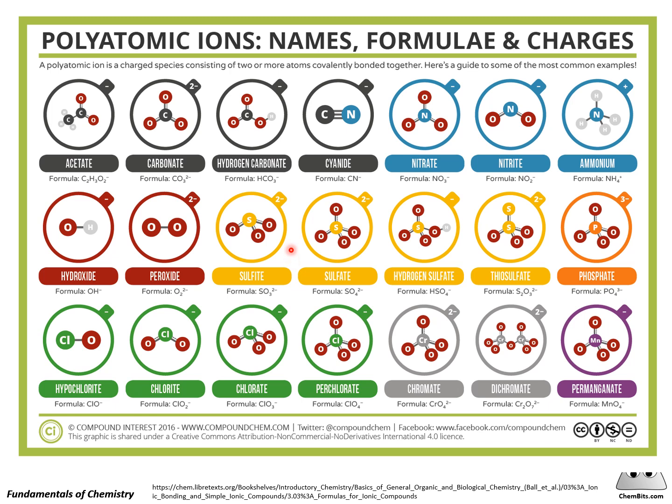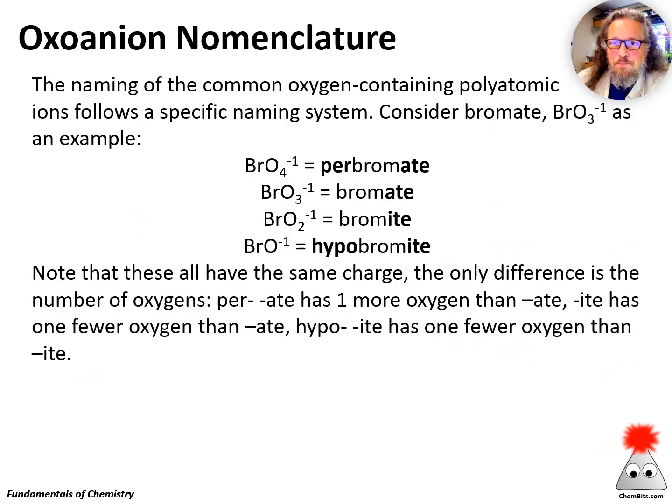So we don't necessarily have to memorize all these individual oxoanions. What we really need to do is figure out one of them in each class and then use the nomenclature to help us name the rest of them. So if we're looking at oxoanion nomenclature, so anions, negatively charged species, which contain oxygen and some other element in the center, let's take a look at bromate, the bromine family of these, for example.